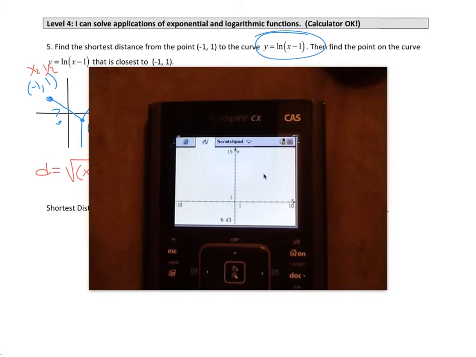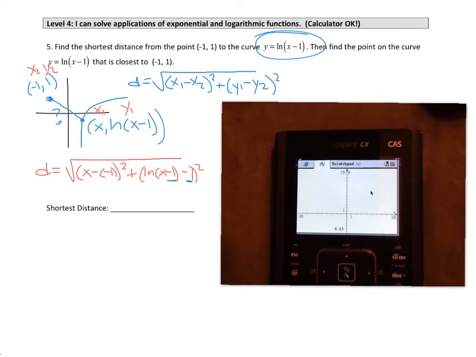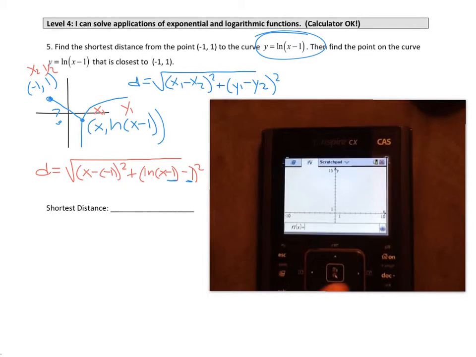And so I put in my distance formula. So we go to tab, and in F1 I do a square root and then a parenthesis. You can do x minus negative 1 or change it to x plus 1.